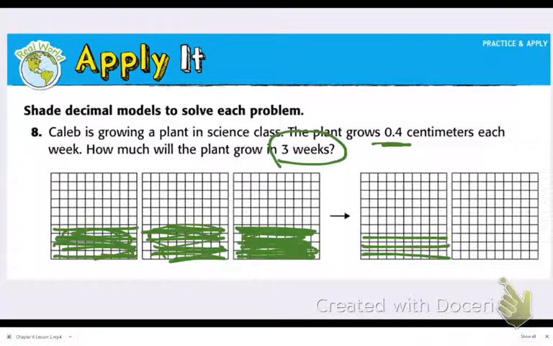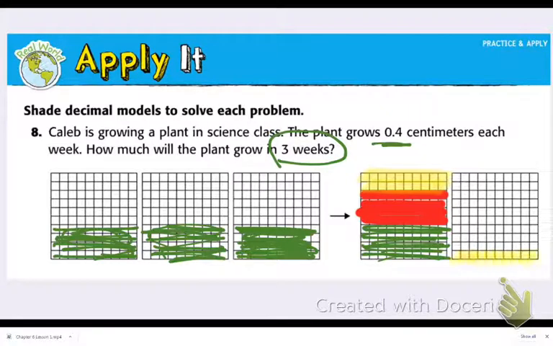Well, he had his plant grow 4/10 of a centimeter. Then it was another week, and he had another growth spurt, 4/10 more. On week 3, it kept growing 4 more tenths. So I combined, which is step 2.